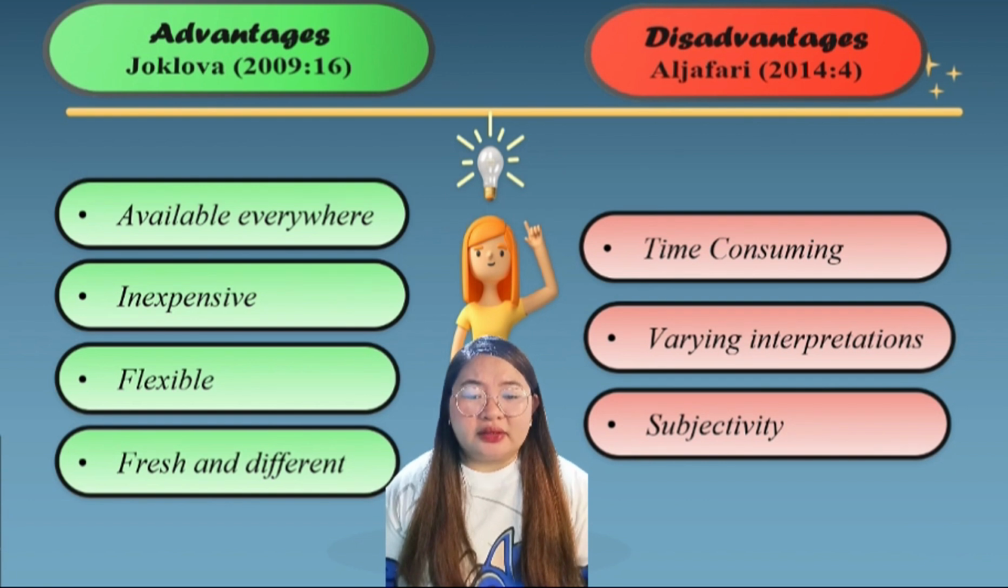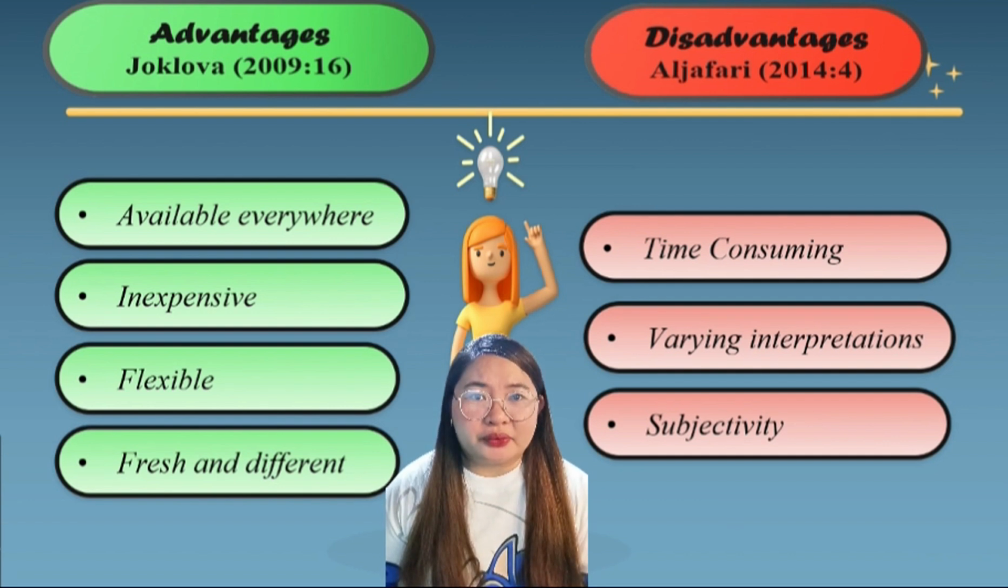Al-Jafari also said that paintings and photos can cause subjectivity, because it is challenging to establish uniform criteria and grading, as different students may have varying interpretations of the same artwork. So we have to acknowledge the diverse perspectives of the students upon using paintings and photos in teaching.